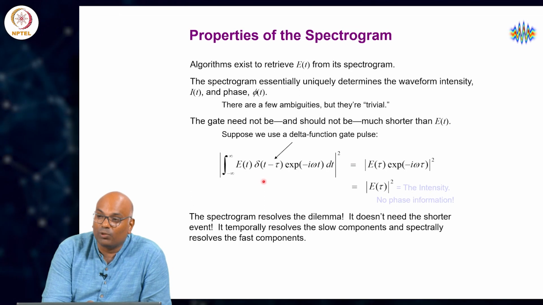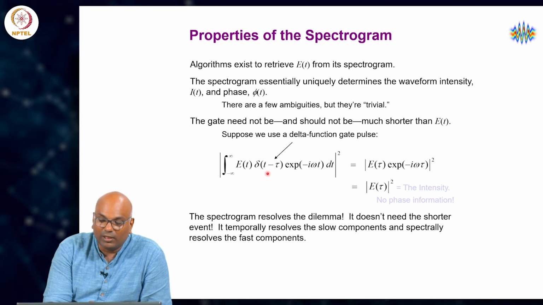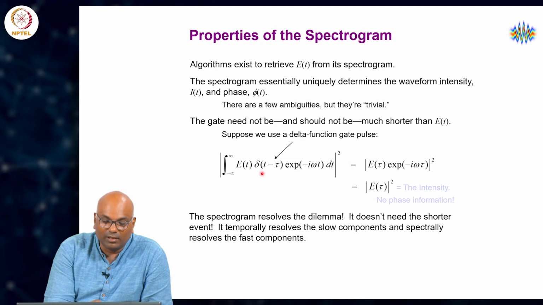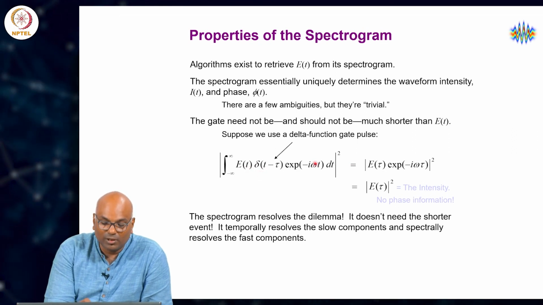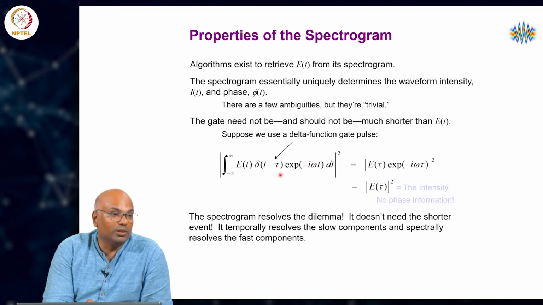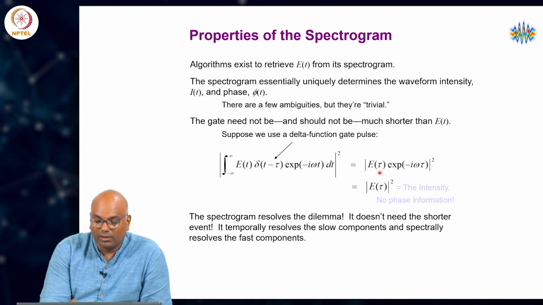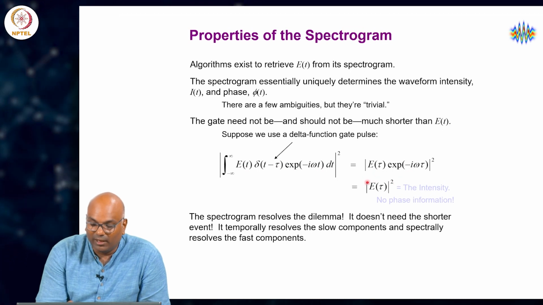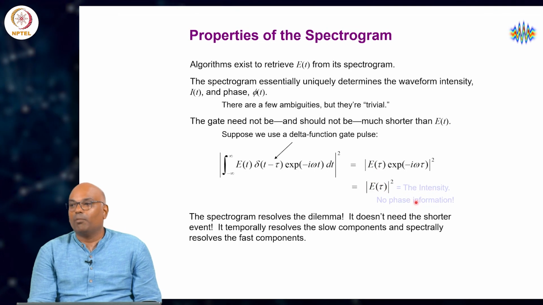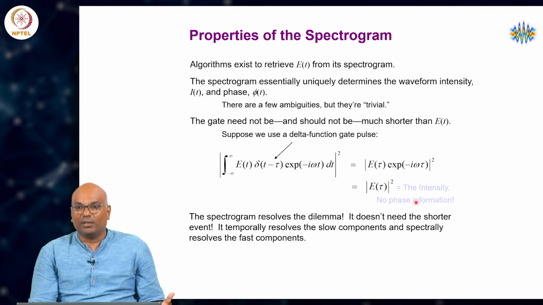But if we idealize it and use a delta function for the gate, look at what is going to happen. Use the delta function over here. This essentially does the following: it forces these two t's to become just tau, that is all the delta function does, and what we get here in the end is just the intensity profile of your waveform. But this you already did in interferometry.